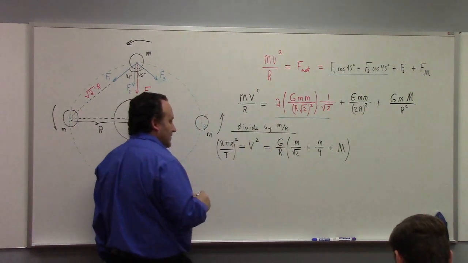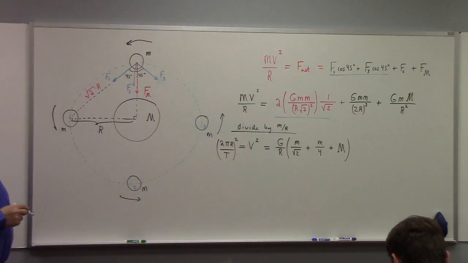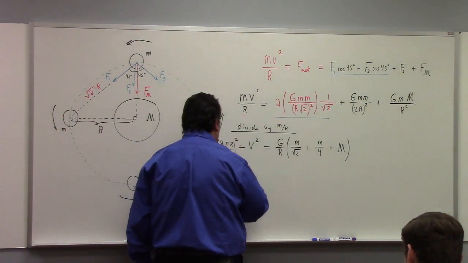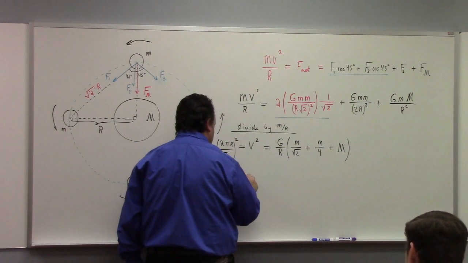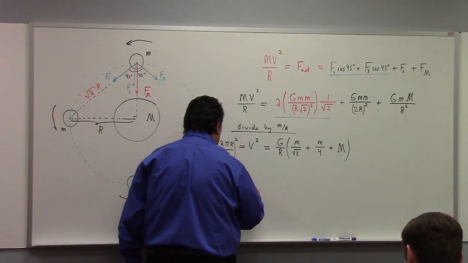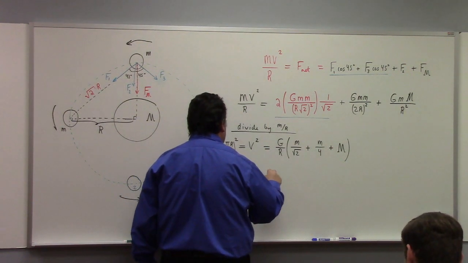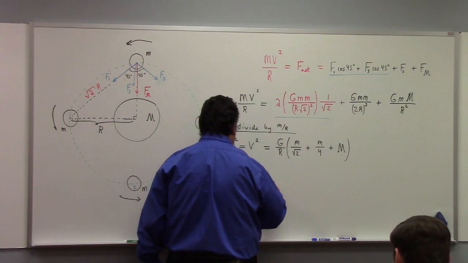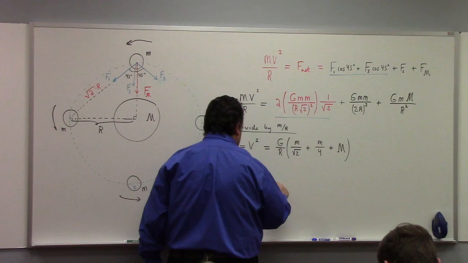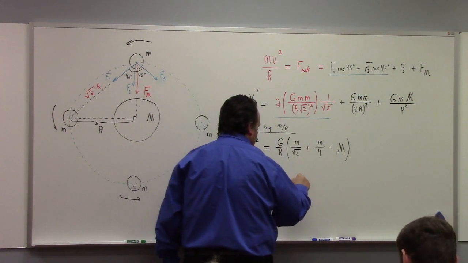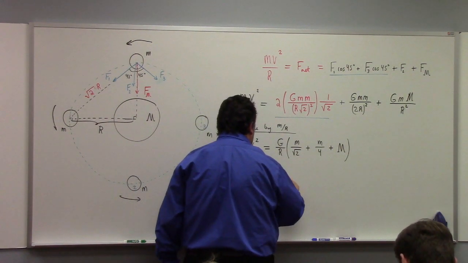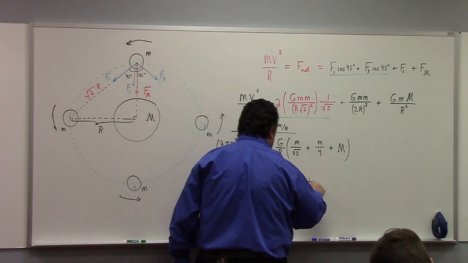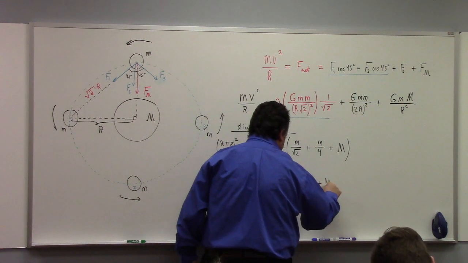That gives me, so this right here, we can solve, and that will tell us the relation. Basically here we have r cubed over T squared equals G divided by 4 pi squared times apparently, m times 1 over root 2 plus 1/4 plus big M.